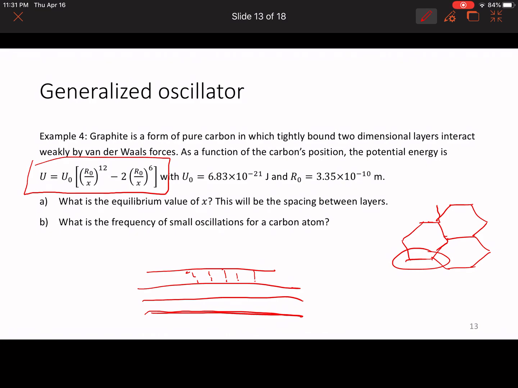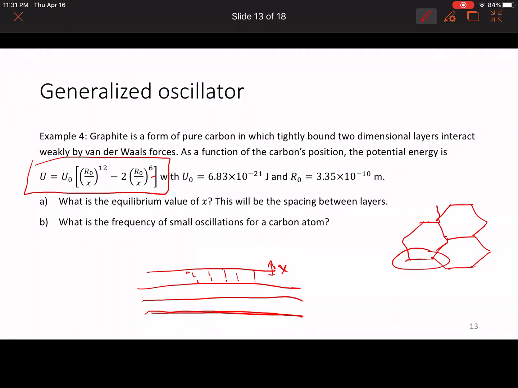So the question is, as I try to move one of these layers around, by a distance x in this potential energy, what's the equilibrium spacing of this material, and what is the frequency of small oscillations for a carbon atom?